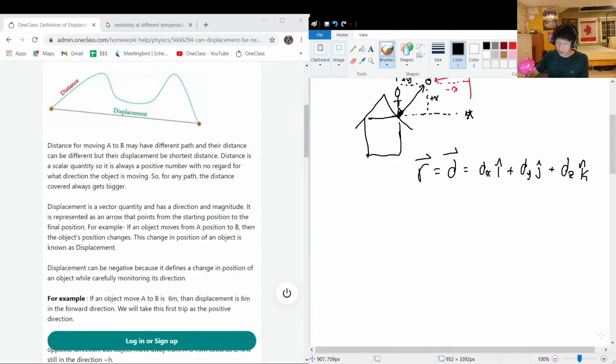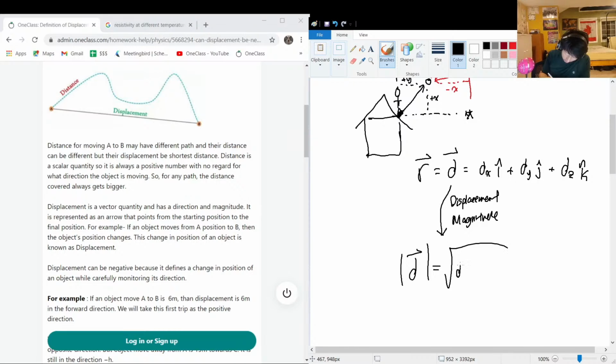So this will be displacement. Sometimes we'll need the magnitude, which will look like this: d is equal to the square root of dx squared plus dy squared plus dz squared. That would be an example of how you can calculate the displacement magnitude.